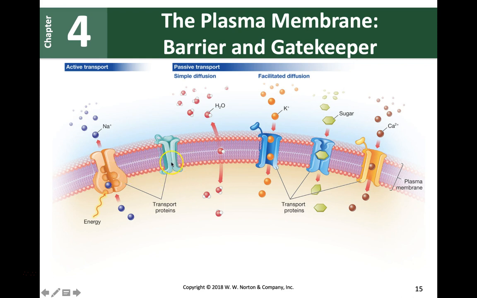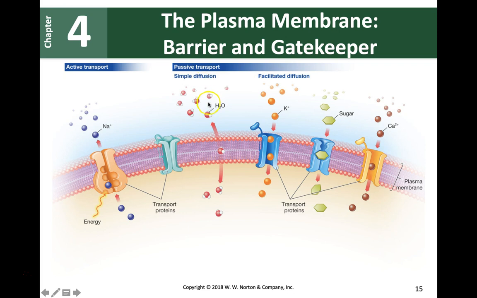You see these 3 structures. Now, what's happening here? Let's look at this figure more carefully. This figure is showing you a few different things. On the left-hand side, it's showing you active transport, and on this side, passive transport. And as we learned, passive transport is simple diffusion or facilitated diffusion.